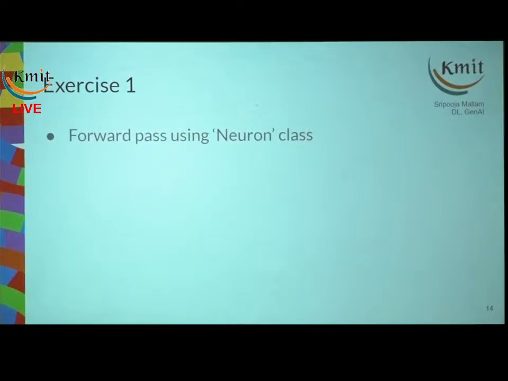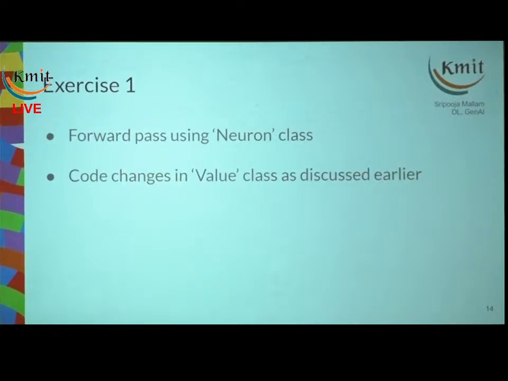Now coming to the first exercise, it is very similar to what you did in the class, but the values are differing slightly. You have to do a forward pass using the Neuron class, and there are a couple of code snippets which are missing in the value class. So you have to fill in the missing code in the value class. After that, when you call the Neuron class using the callable method, you should be able to see the correct output.